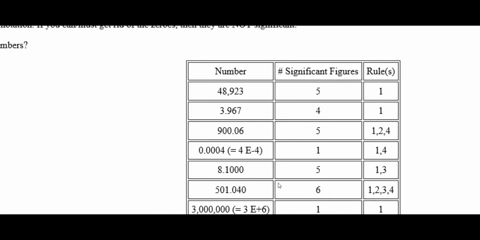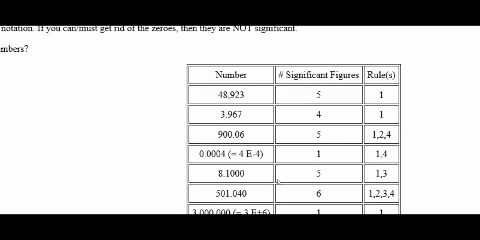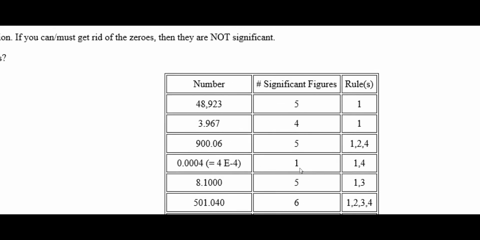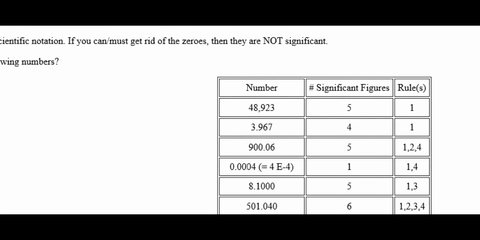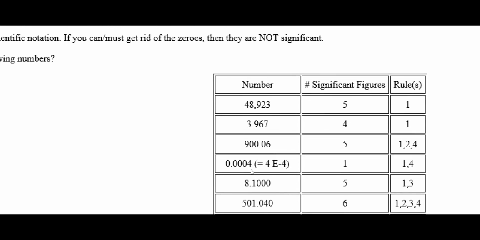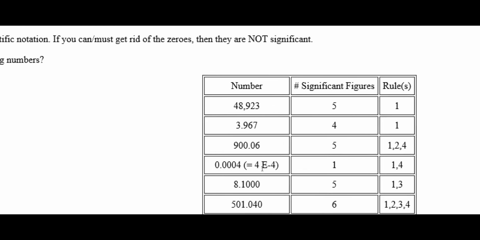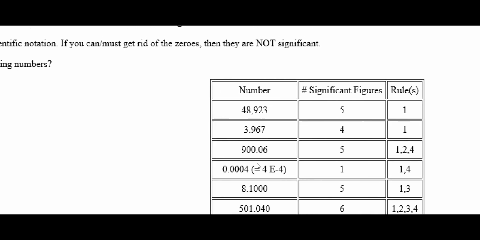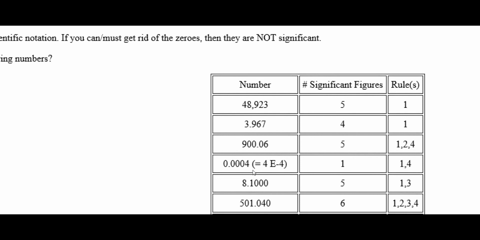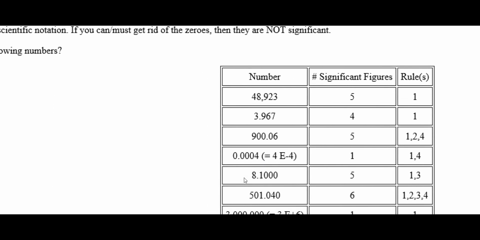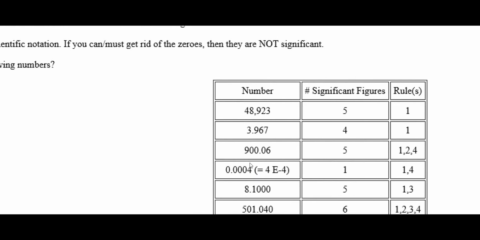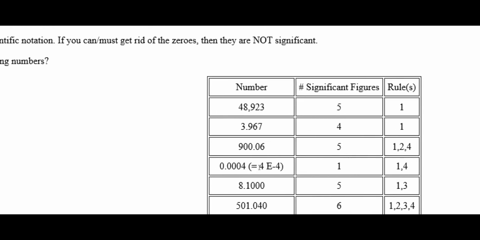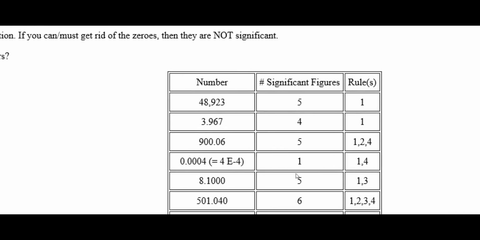Let's take a look at 0.00004. That's only 1 significant digit, because all zeros that come before a significant number are not significant. Now let's say it was 1.0004. That means that all of them would be significant. But in 0.00004 the zeros are not significant. Only 4 is. So there's only 1 significant digit in there.